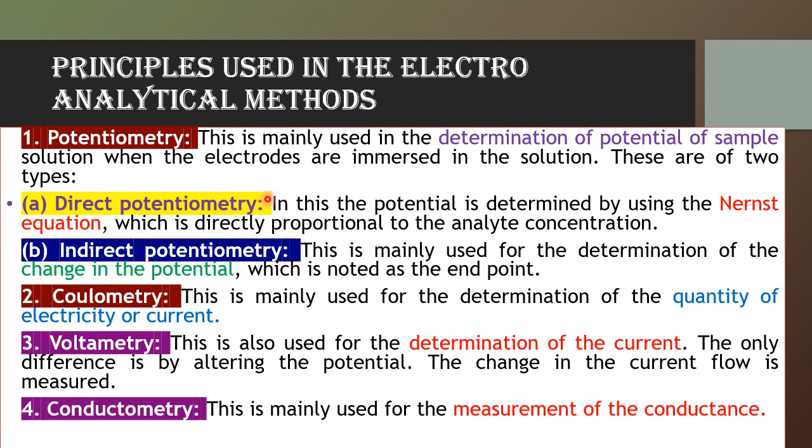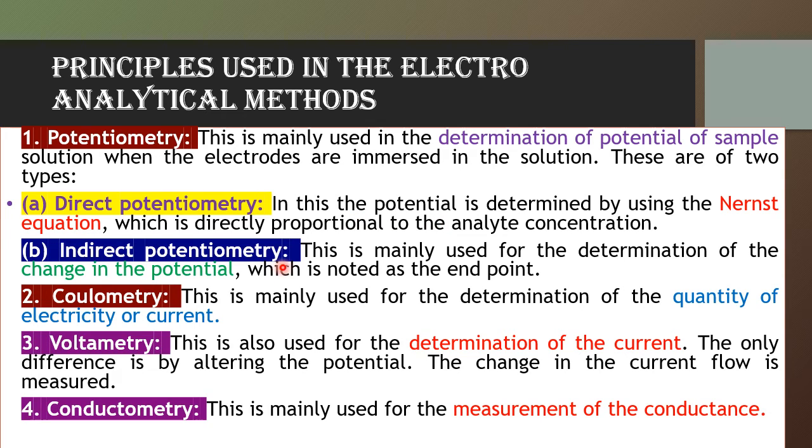Direct potentiometry is that in which we determine the potential of our analyte by using the Nernst equation. During the direct potentiometric method of analysis, we can conclude the result that the concentration of the analyte is directly proportional to the electrode potential of the cell.